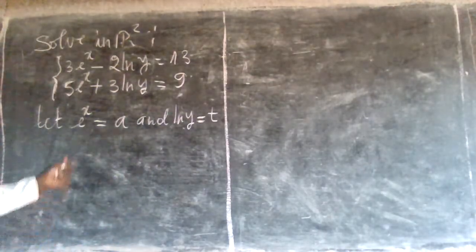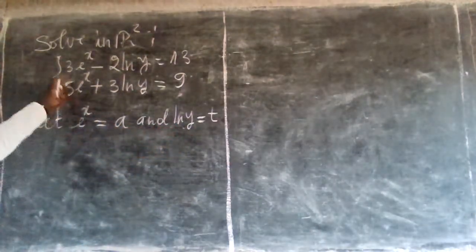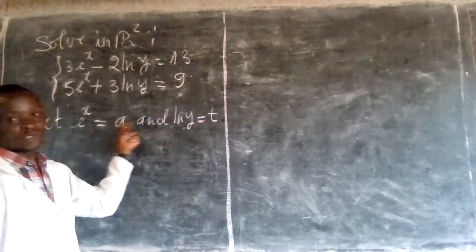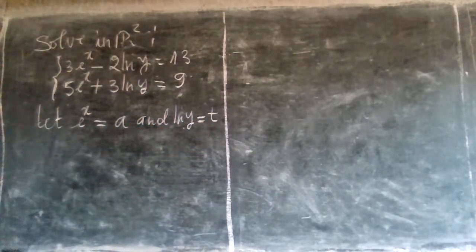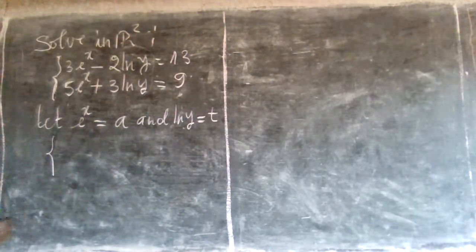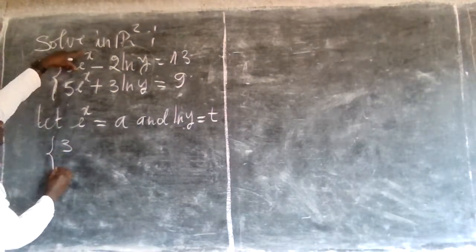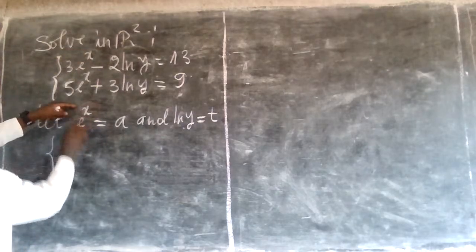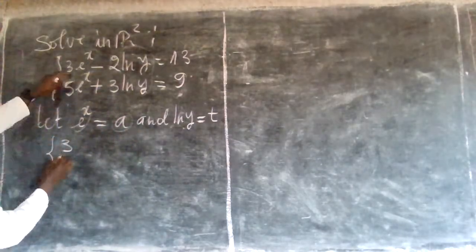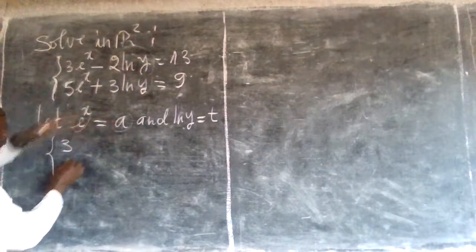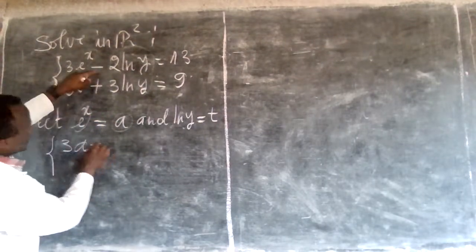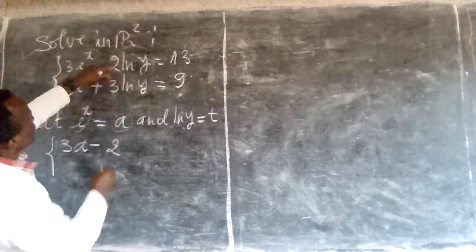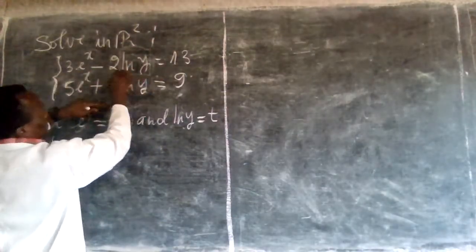Now, let us formulate our new equation by using those letters that we have supposed. This e power x is equal to a. So 3 times e power x is equal to 3a, minus 2 ln y.